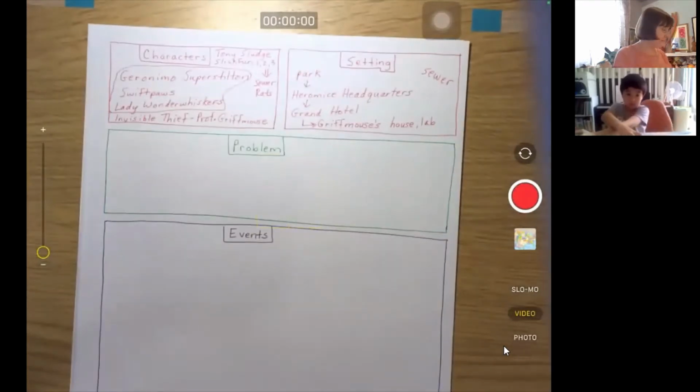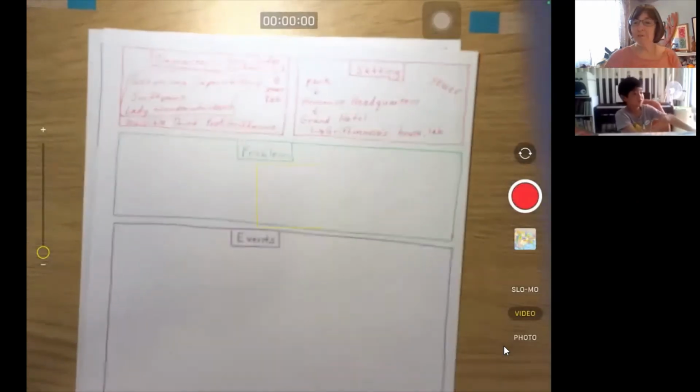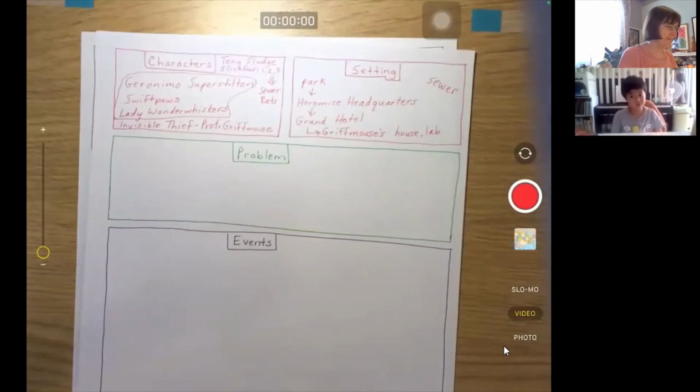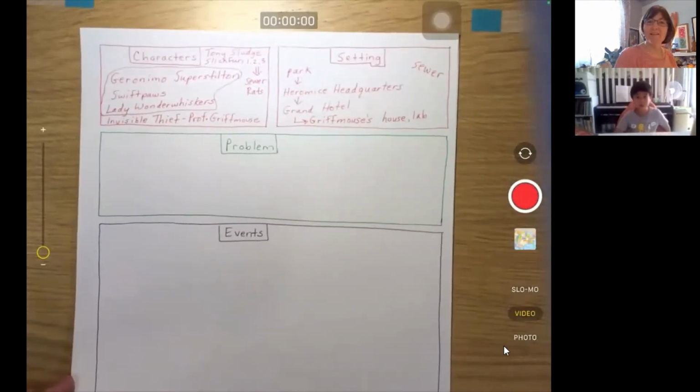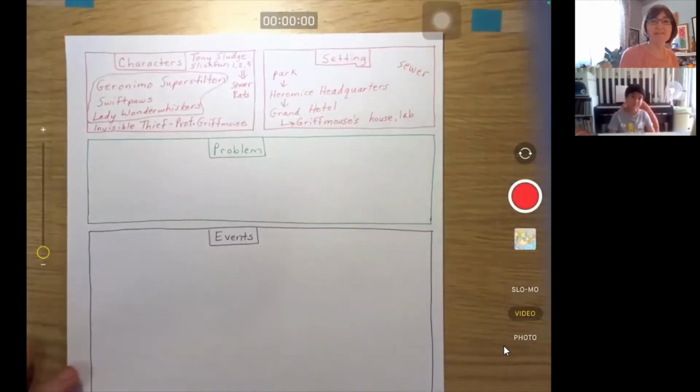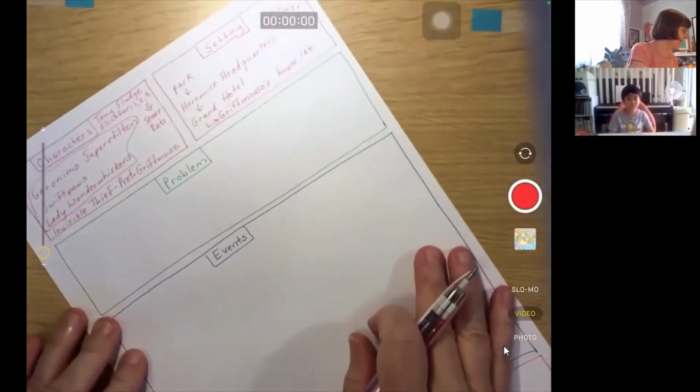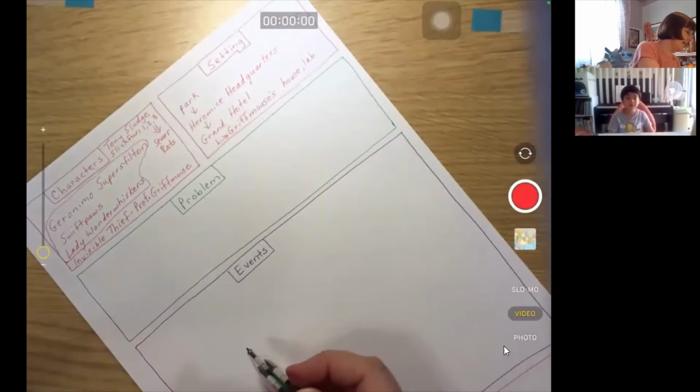All right, now the problem in the story. What is the problem in the story? What is it? Well, the diamonds are stolen, right? Yes. I think that's a problem.